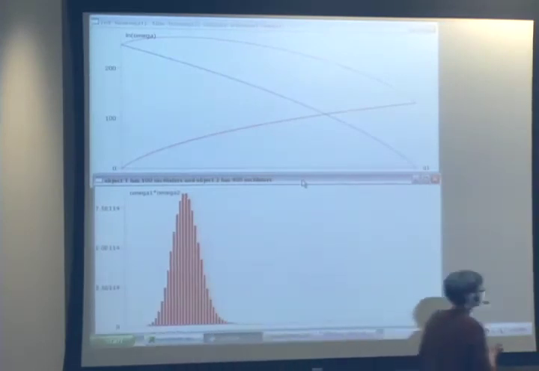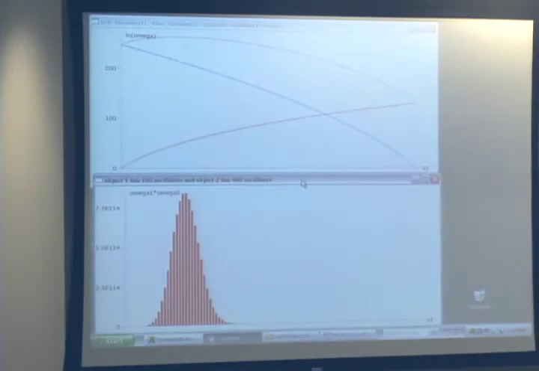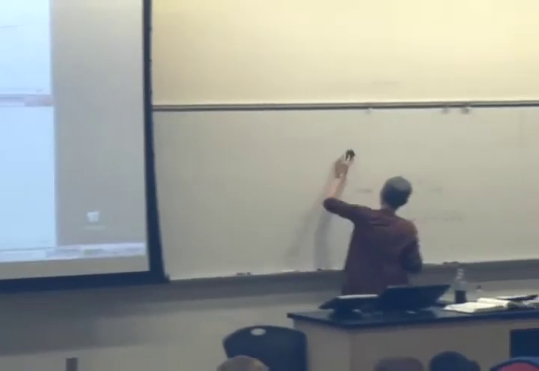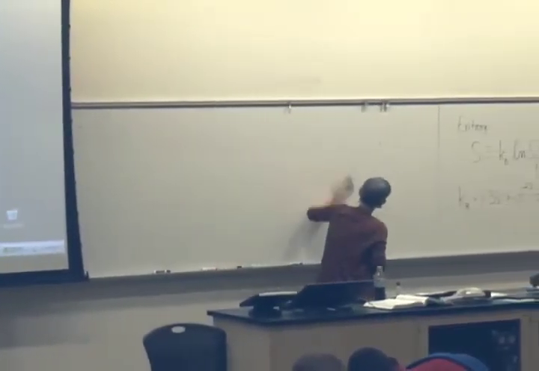We can say that at thermal equilibrium, the entropy of the system is a maximum.